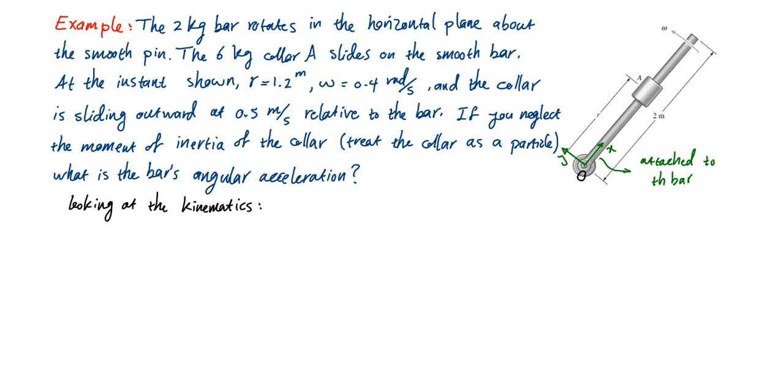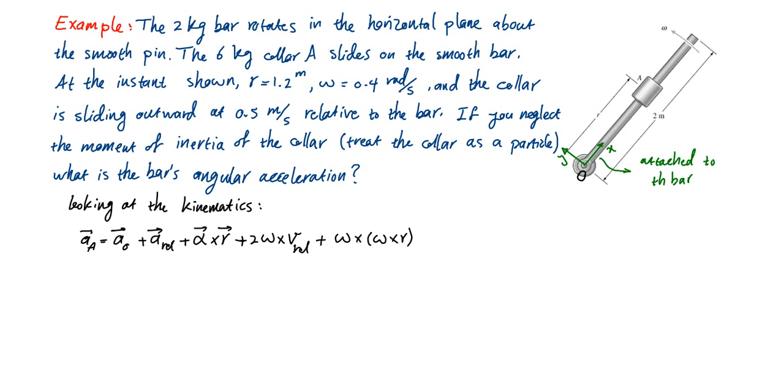I'm studying the collar, so I'm going to put A_A equals A_O plus A_relative plus alpha cross r plus 2 omega cross V_relative plus omega cross (omega cross r), all vectors.